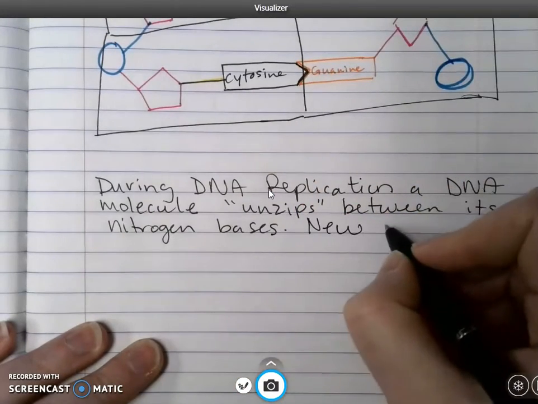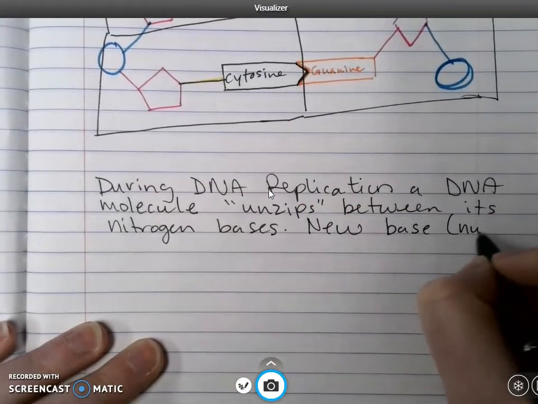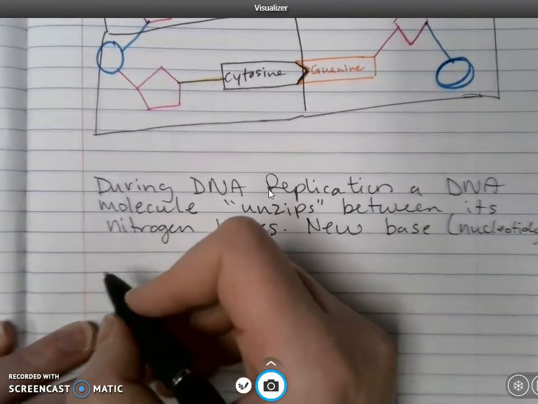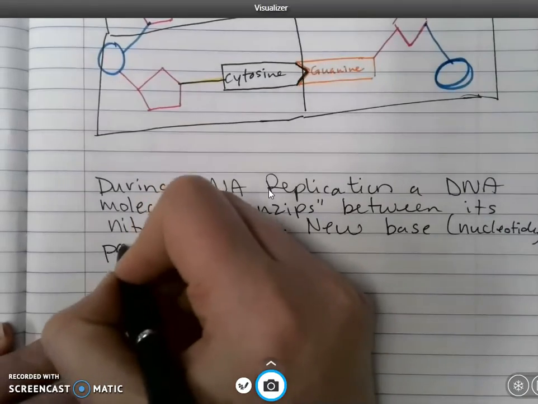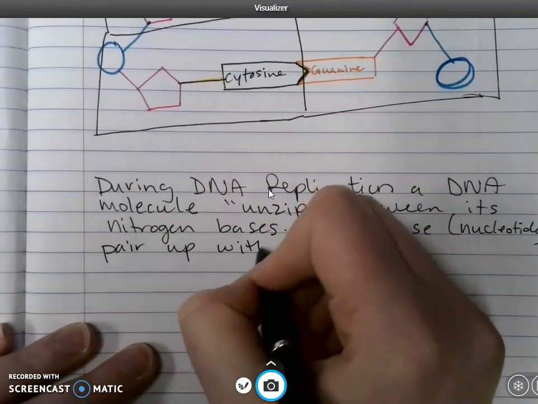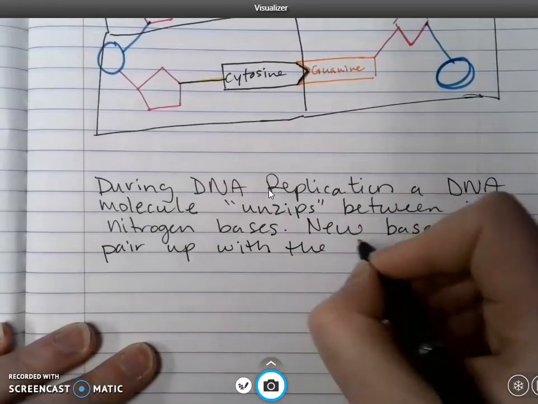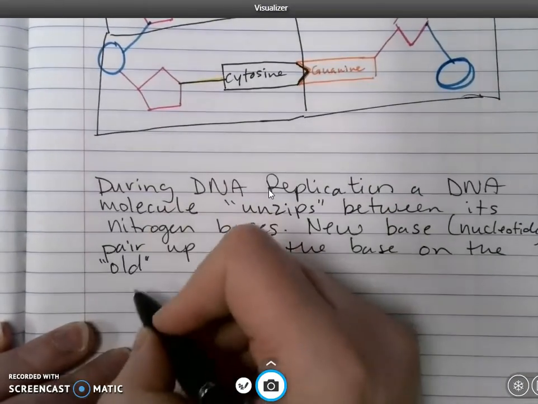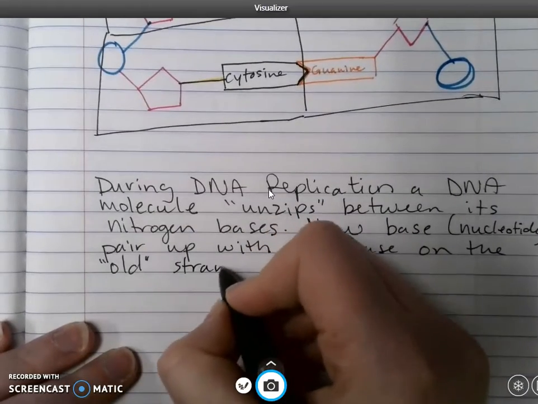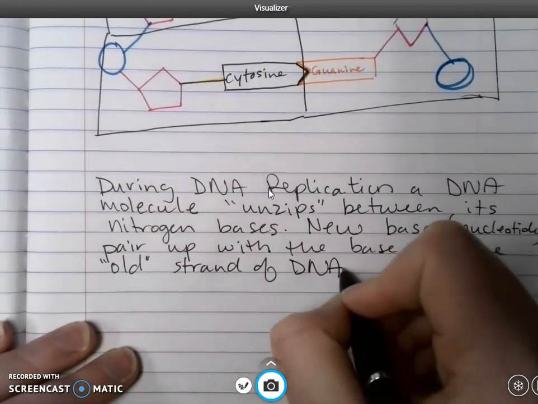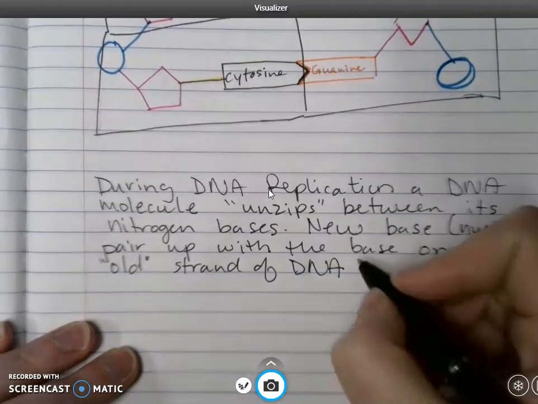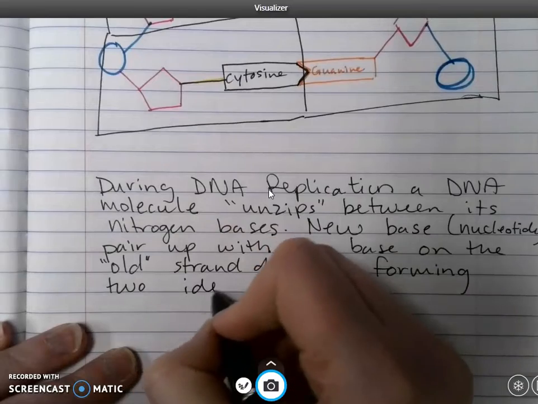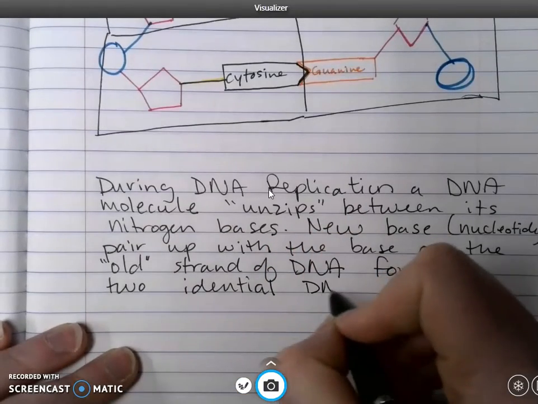New bases, or nucleotides, pair up with the bases on the old strand of DNA, forming 2 identical DNA strands.